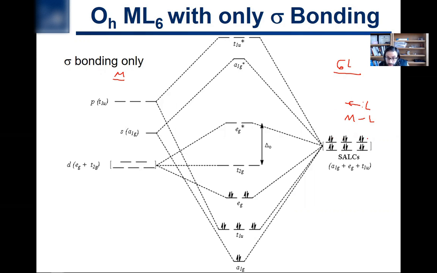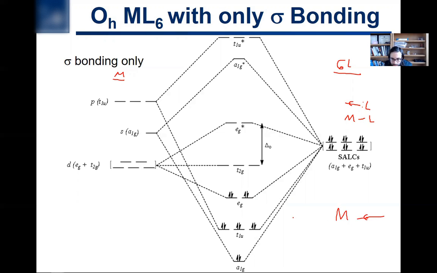That's why I have 12 electrons here, because we basically have 6 sets of lone pairs. Now, you can also have pi bonding in metal complexes, and we'll go over that a little bit later in this chapter. Right now, we're just keeping things simple, thinking about sigma bonding. So when you have sigma bonding, you have this directional bonding, right?